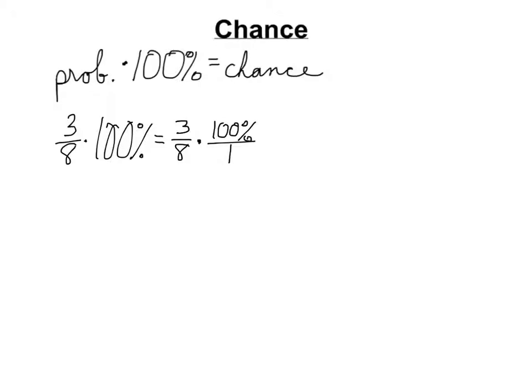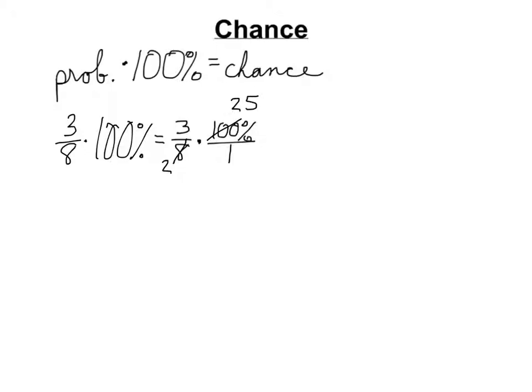As we've learned in previous lessons, if we can reduce any number on top with any number on bottom, it'll make things easier for us. So I'm going to reduce both of these by 4. So 4 goes into 8 twice, 4 goes into 100 25 times.